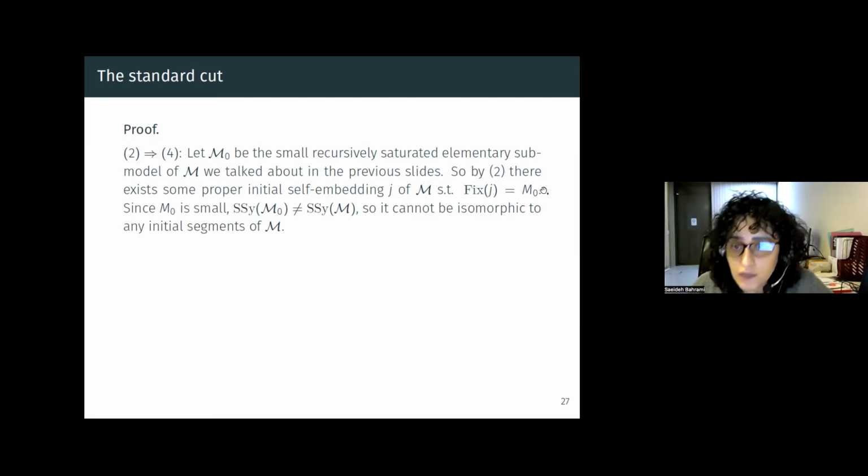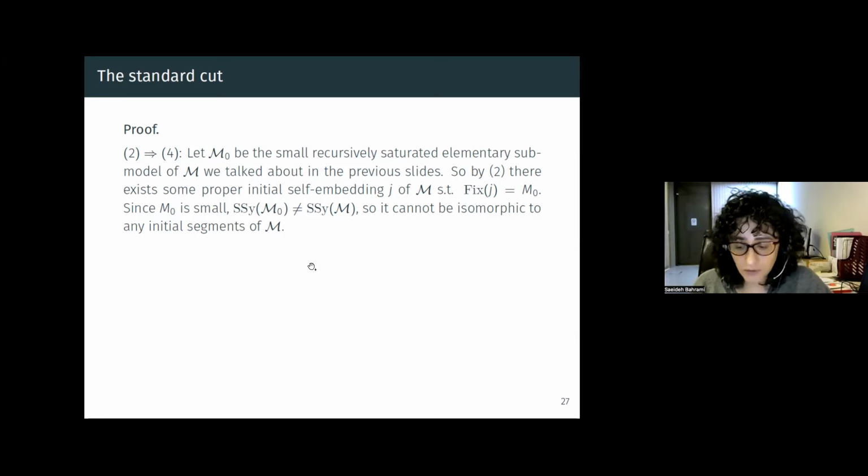And M0 cannot be isomorphic to any proper initial segment of M, because we proved that any small submodel cannot have the same standard system as M, so by Friedman's theorem, it cannot be isomorphic to any initial segment of M.